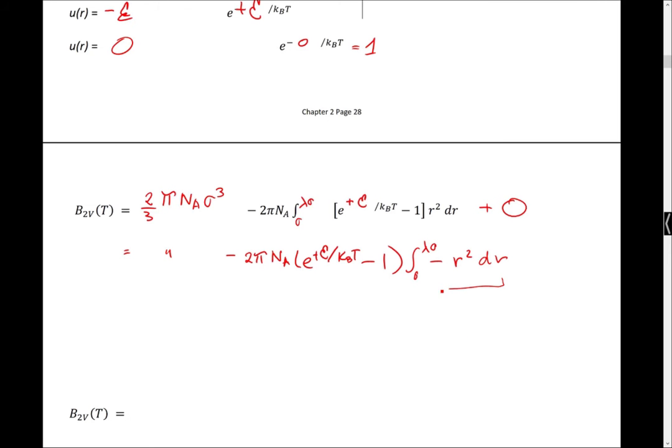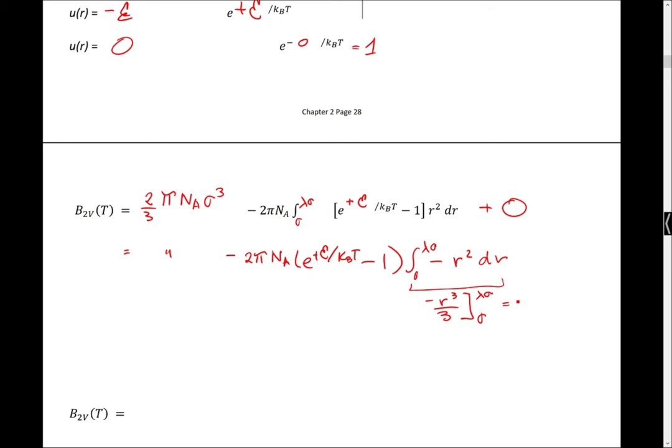And so what we can do is say this will become r cubed over 3 evaluated from sigma to lambda sigma. And so basically that means that I need to cube this and then cube that and take the difference between the two. Yeah? The r squared is negative? No, where did I do that? I pulled that out. It should not be. Okay, thanks.